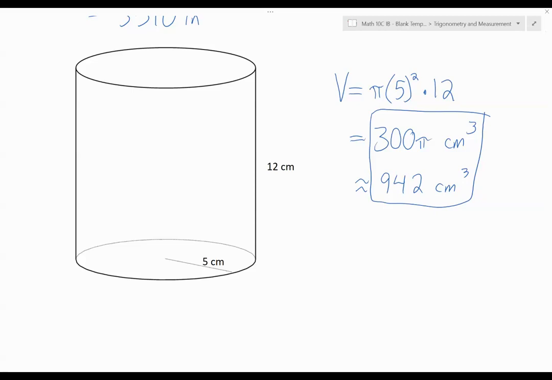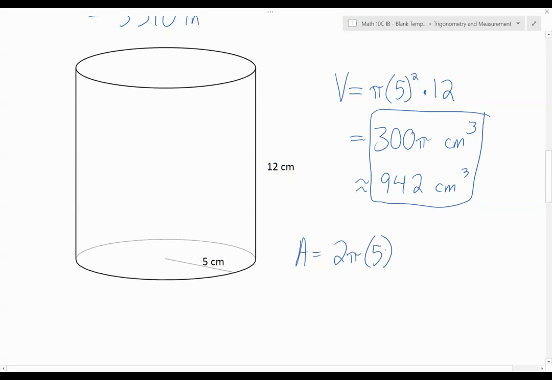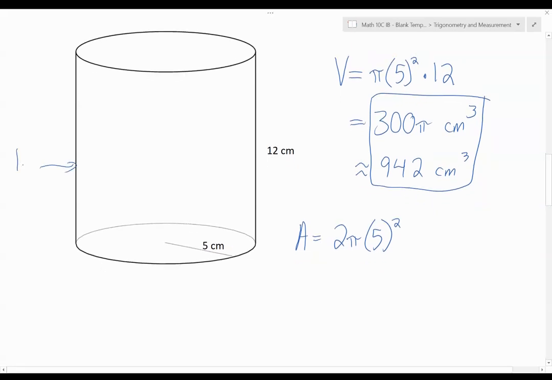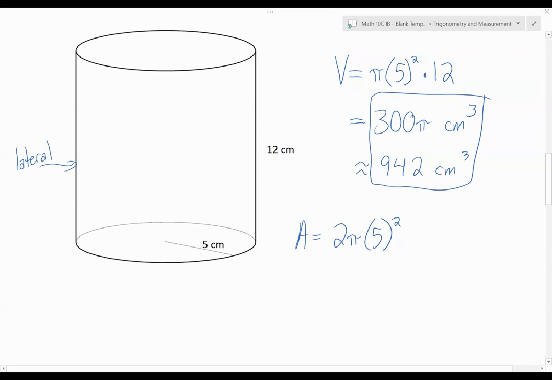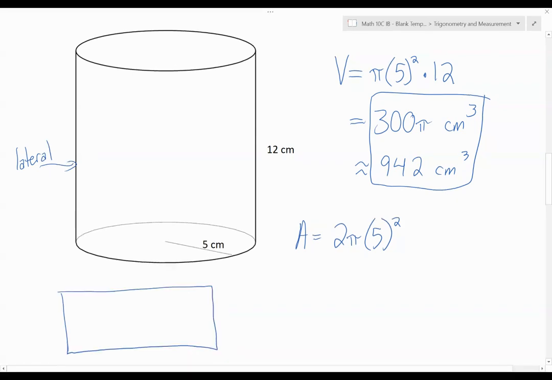Surface area is a little trickier here. The area in this case is going to be 2 times pi times 5 squared, because I have a circle on the bottom and a circle on the top. And if I consider what's called the lateral area, the lateral area is this part wrapped around. If I basically unwrap that cylinder, that is a rectangle.